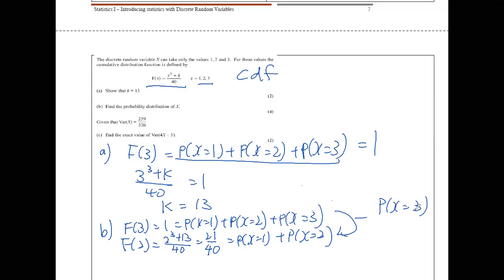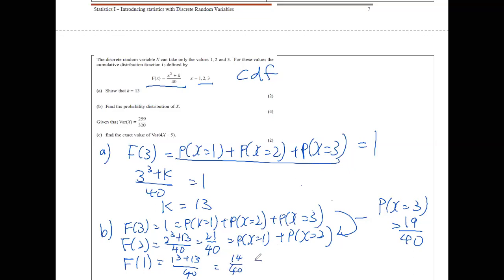In this case, P(x=3) is 1 minus 21 over 40, which is actually 19 over 40. How about F1? F1 will be 1 cubed plus 13 over 40, and this will give you 14 over 40.